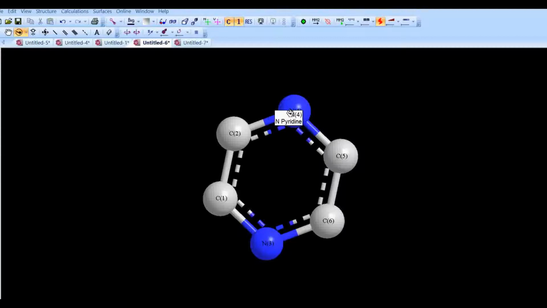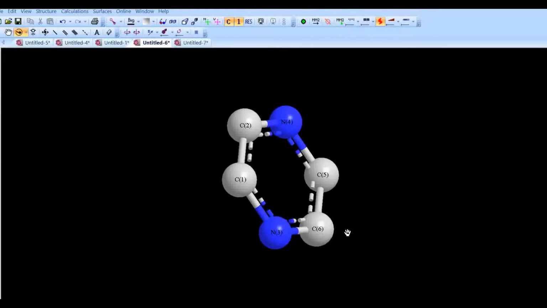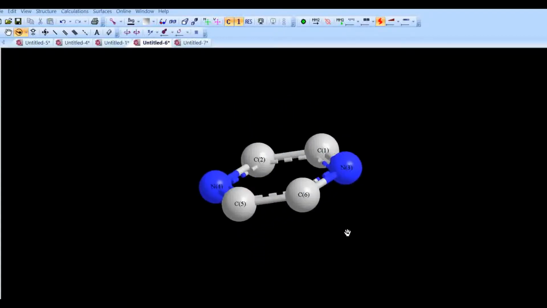So in order to classify any molecule in the category of Dnh, what you need to find first of all is the principal axis, and then you have to find some C2 axes which are perpendicular to the principal axis. So I have shown you the principal axis, that is the axis passing through the center of this molecule, that is the C2 axis. Now this is an axis, also a C2 axis, right?